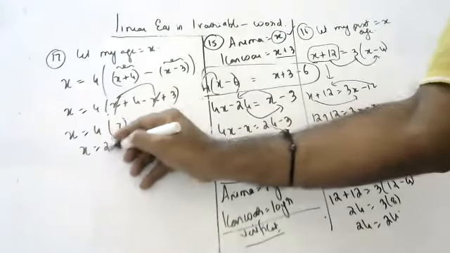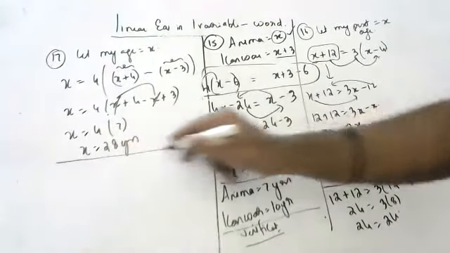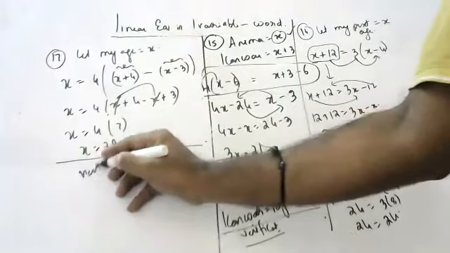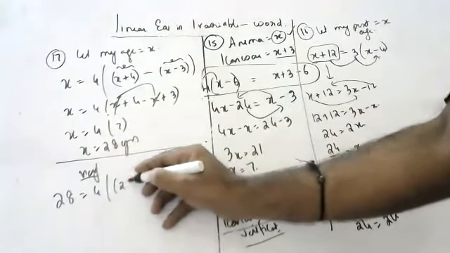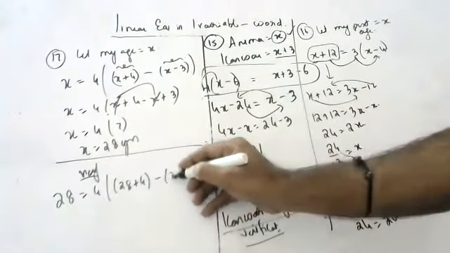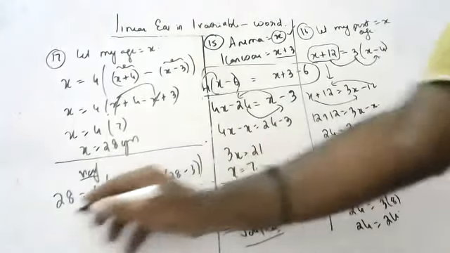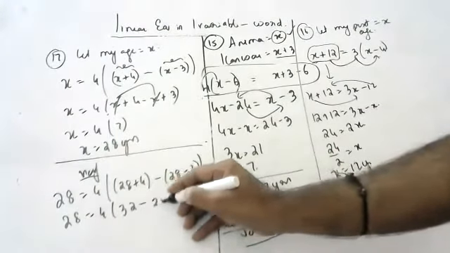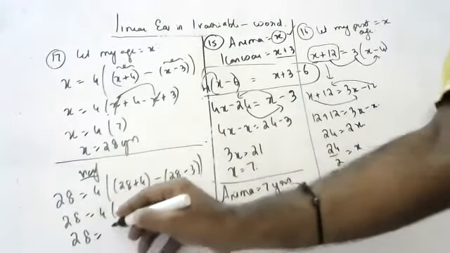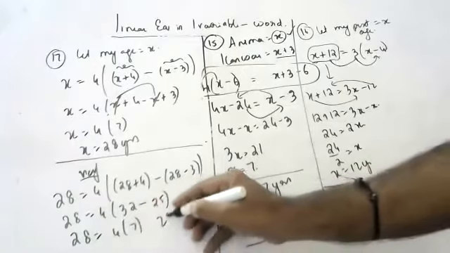So x is equal to 28 years. This is my present age. Verification: 28 is equal to 4 into 28 plus 4 minus 28 minus 3. 28 is equal to 4 into 32 minus 25. 28 is equal to 4 into 7. 28 is equal to 28.